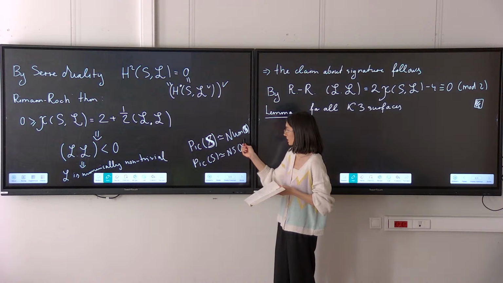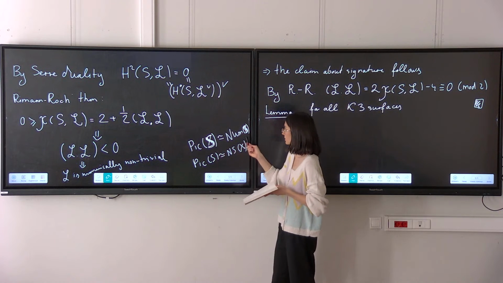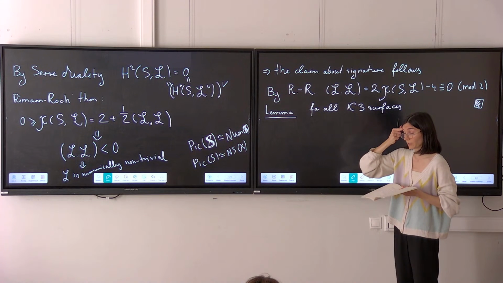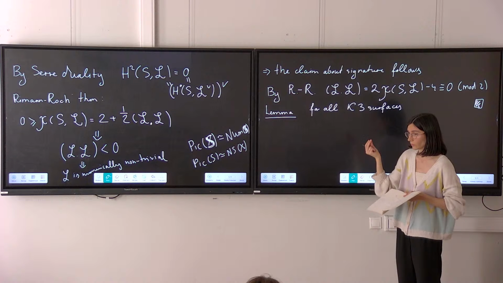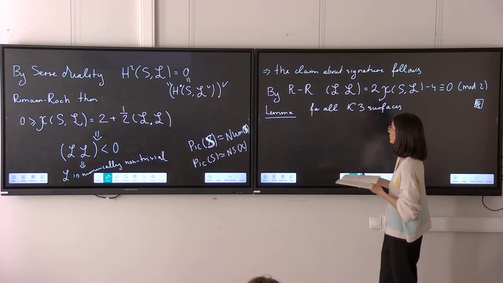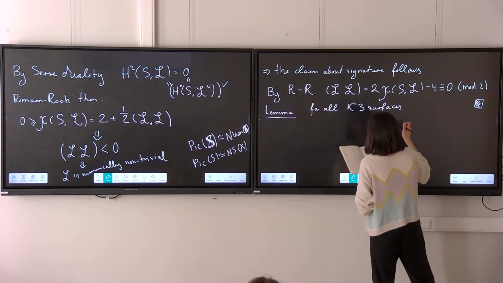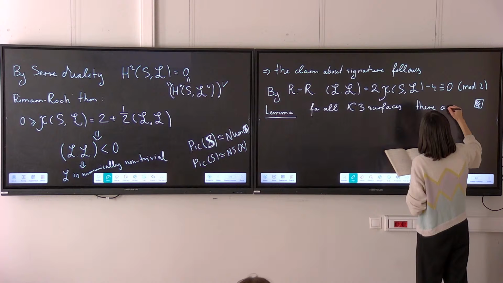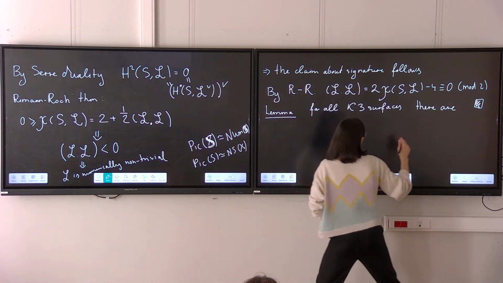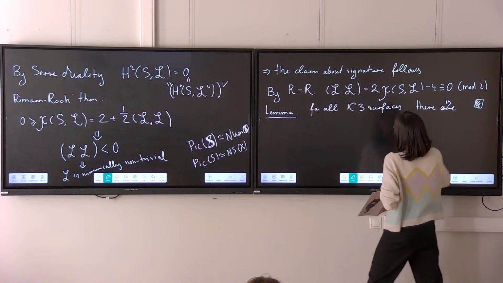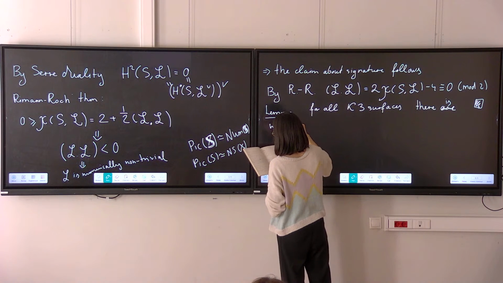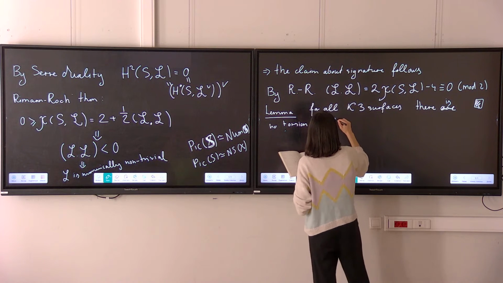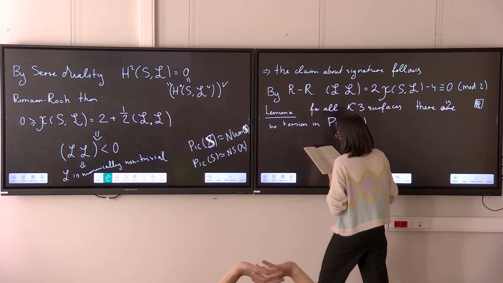So always we have this identification, but this is not true because we don't have the Hodge index theorem in the general case, because the Hodge index theorem is about ample line bundles. But in any case, for all K3 surfaces, even non-projective, there is no torsion in the Picard group of S.